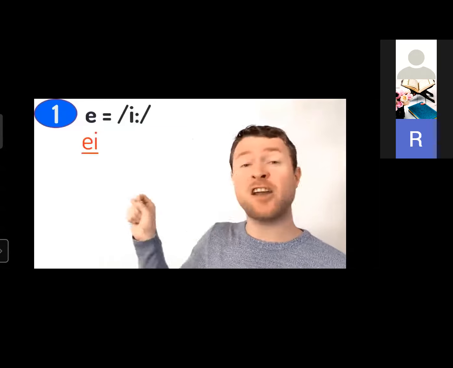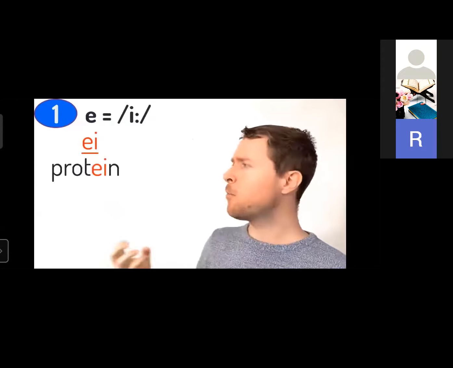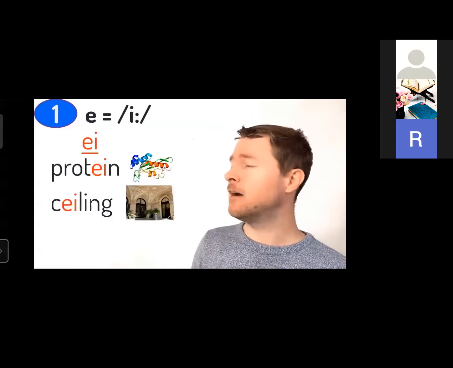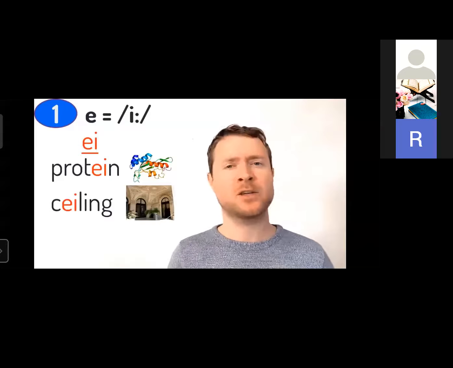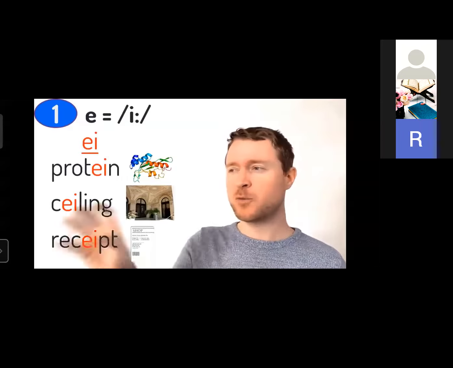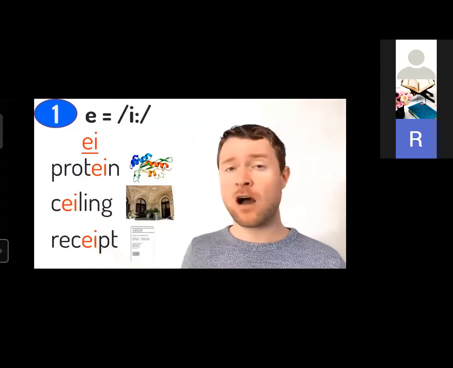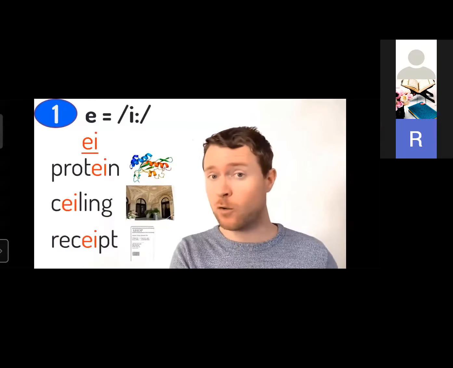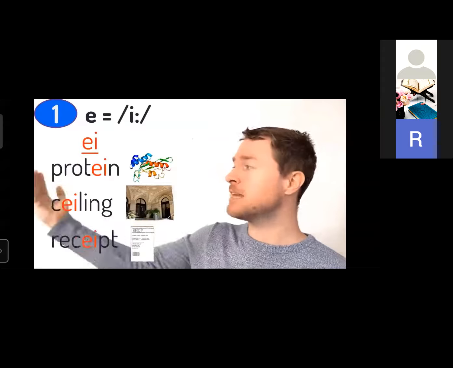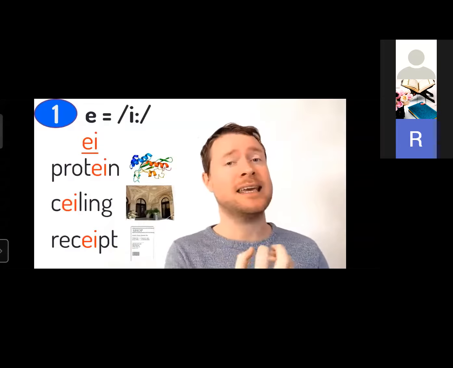Sometimes when you see the letters E and I together, in words like protein, ceiling, and receipt, okay? When you go to buy something, you will get a receipt. The E before the I is sometimes, not always, be careful because there are many exceptions, sometimes E before I is also pronounced E in English.